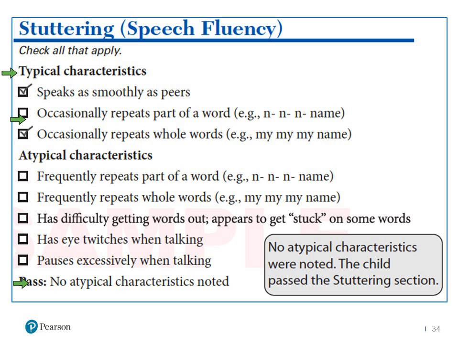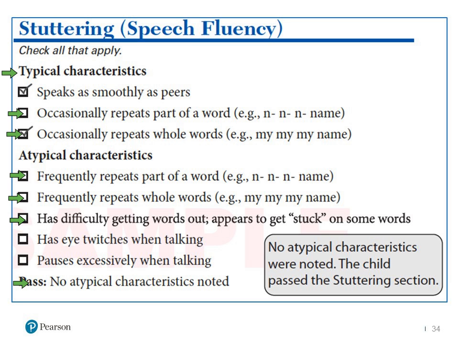Some of these are contrary. So if I'm looking at something like occasionally repeating part of a word, that is not necessarily opposite, but it is different or contrary to frequently repeating part of a word. So really, we have questions here that contradict one another. If we're looking for typical, yes, they may repeat part of a word, they may repeat whole words, but if they frequently do it, that's indicative of difficulty.